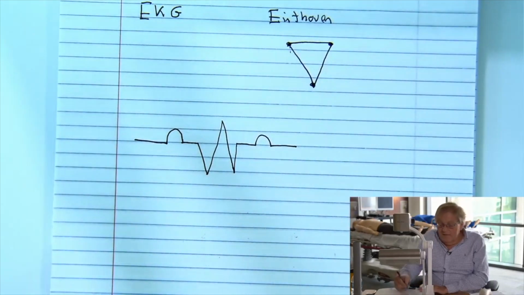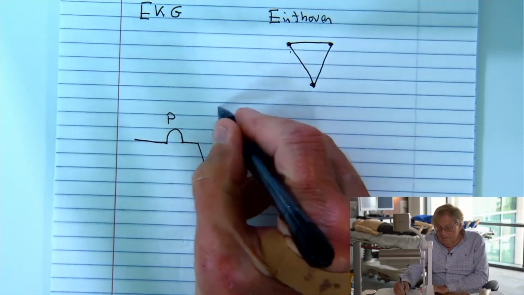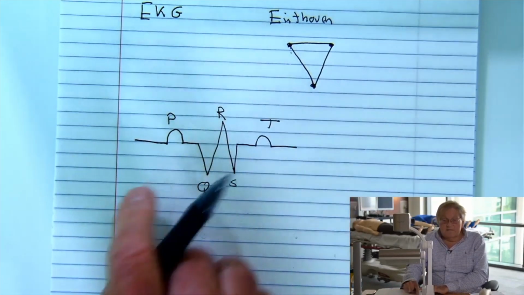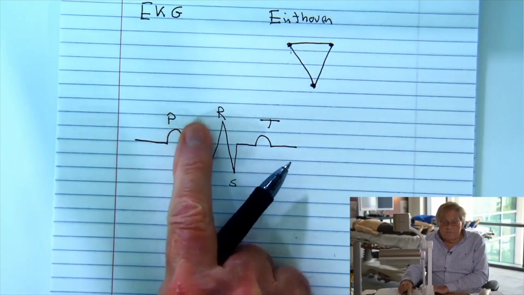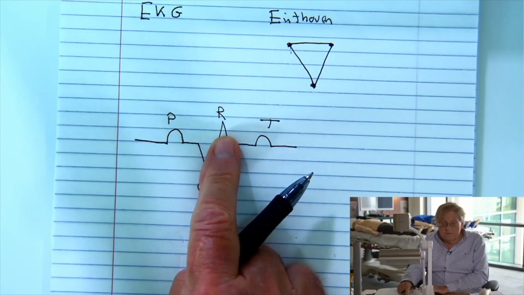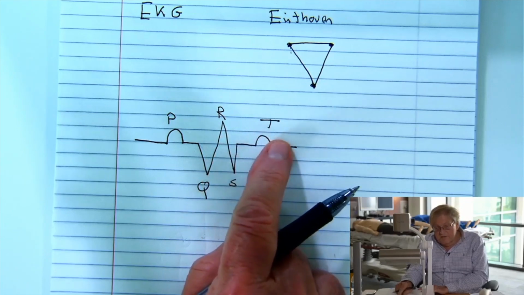But as I look at that, I'm just going to label it P, Q, R, S, and T. I see that this is a straight line here, followed by elevation, followed by a straight line, the depression, elevation, straight line, elevation, straight line.